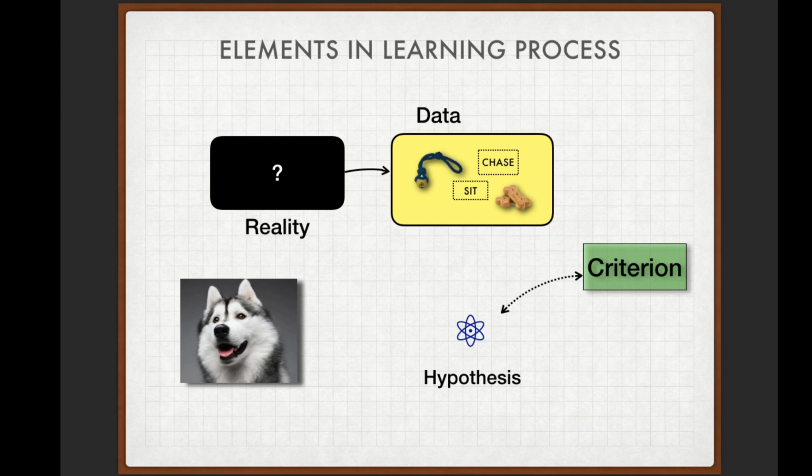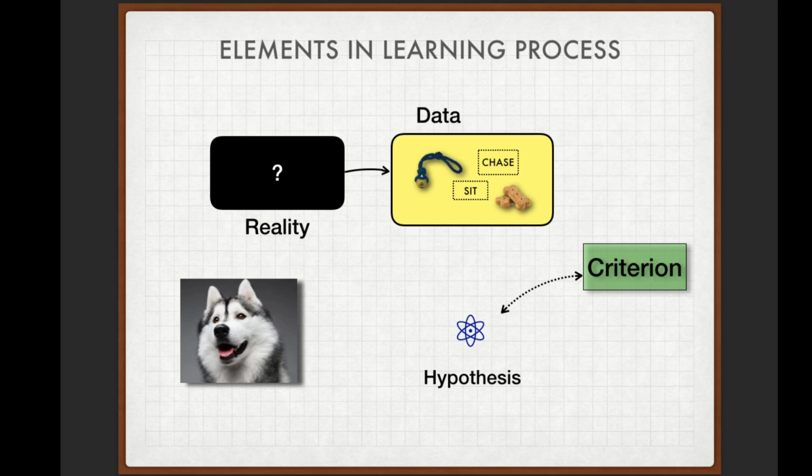Then she compares her hypothesis to the data with respect to some criterion. Well, the real experience is that when I'm saying this and doing that, the reward is yummy or nothing. Okay, so this is one element of this learning process.